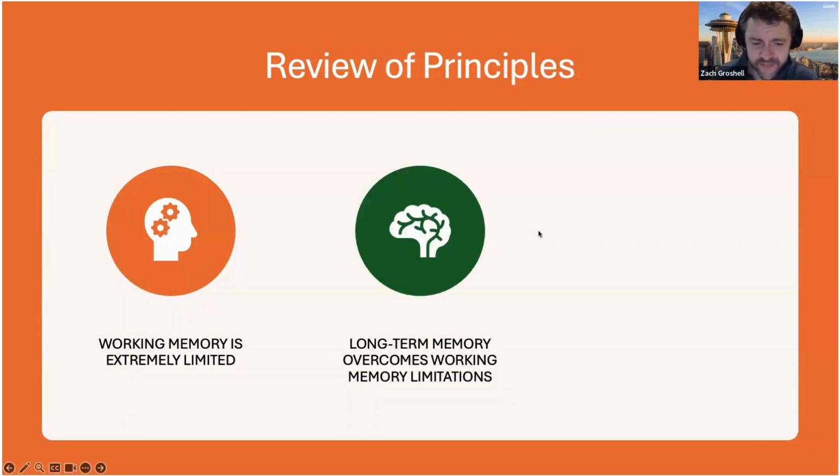We also know this other thing, which is that long-term memory overcomes these working memory limitations. Once the child knows it, they're able to do stuff with it, and they no longer need the same strong supports as an expert that they needed when they were a novice, when they were just starting out with the material.